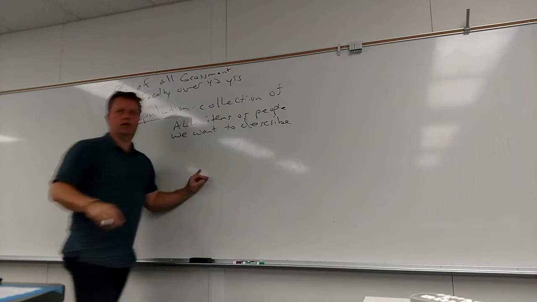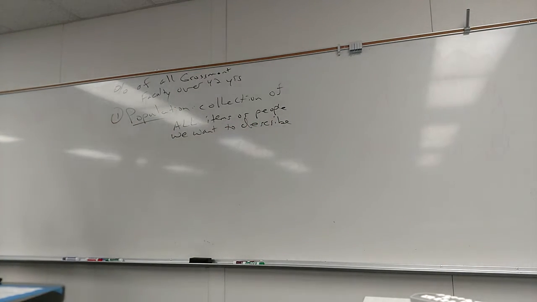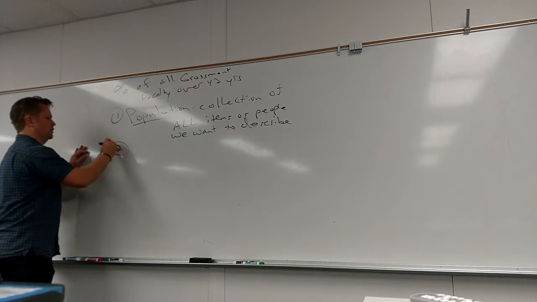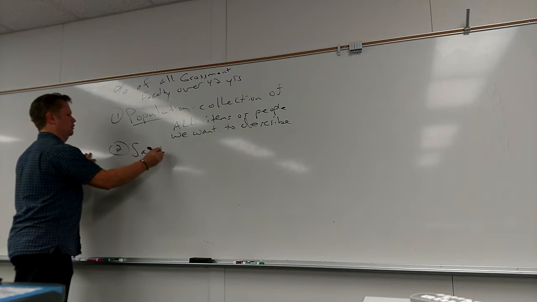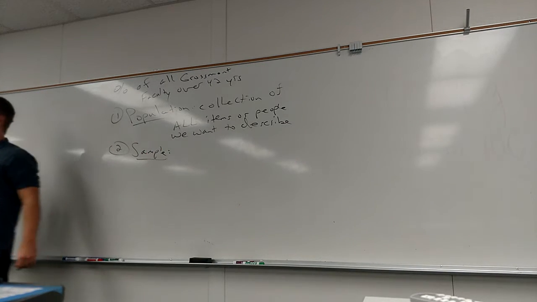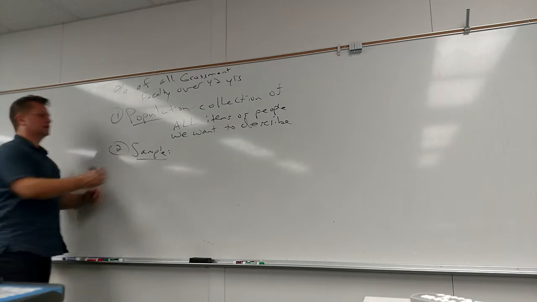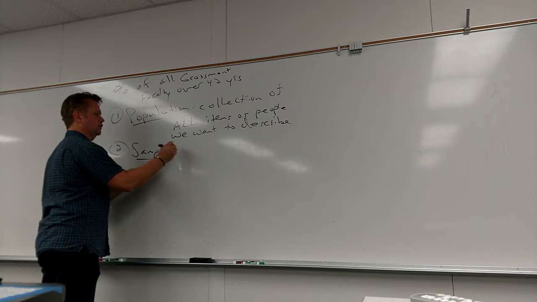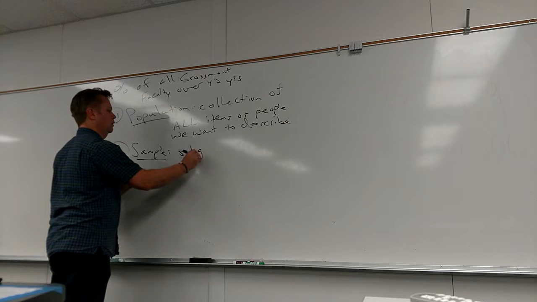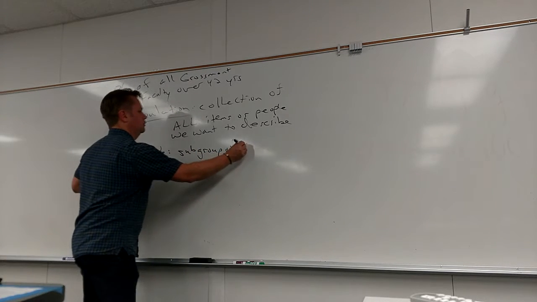We can't talk to the entire population. We're going to talk to a random sample. And we hope it's going to be random. Let's just put down sample first, because a sample has the same definition whether it's good or bad. So a sample is a subgroup of a population.